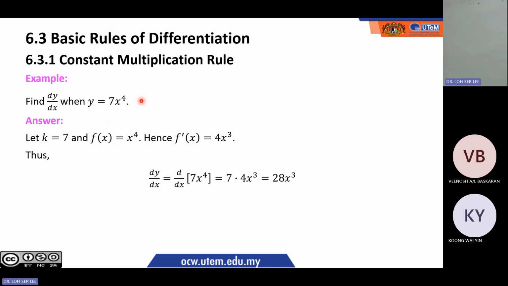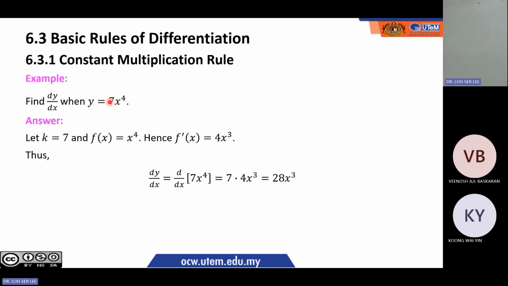Find dy dx when you have this kind of function. Surprisingly, some of the students still do not know or forgot how to do the differentiation for this function. This is a polynomial function. When we want to differentiate the polynomial function, we multiply the power by the coefficient.